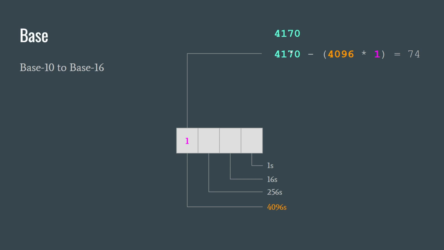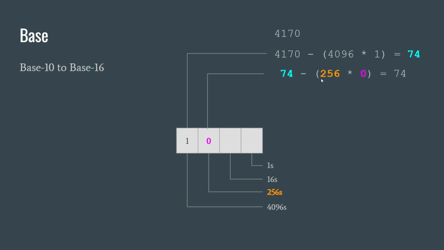And if you're going to do this kind of math, you're probably going to break out a calculator, because these numbers aren't going to be terribly intuitive for most people. But anyway, we do the place times the digit in that place, subtracted from the number, and we get 74 as a remainder. How many times does 256 go into 74? The answer is 0.